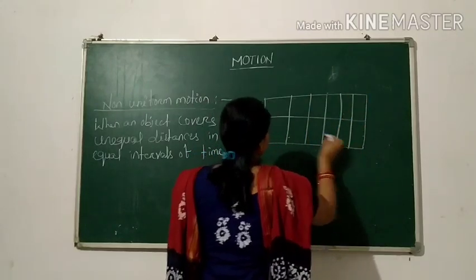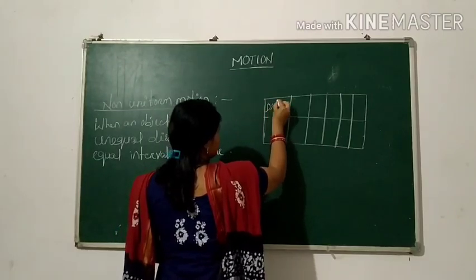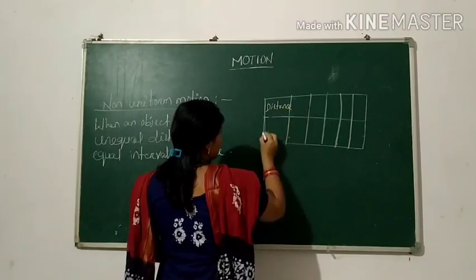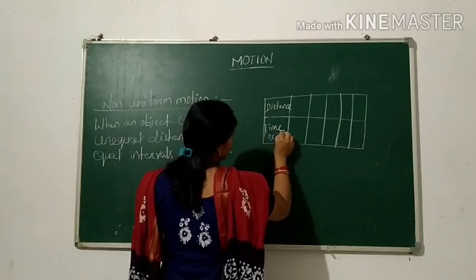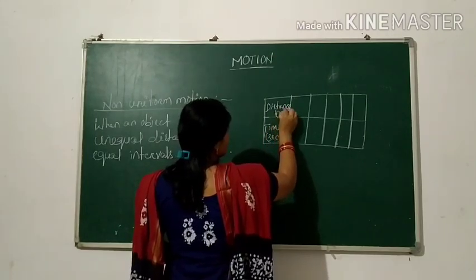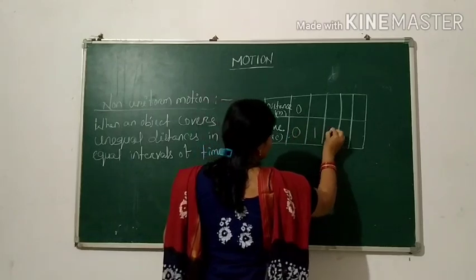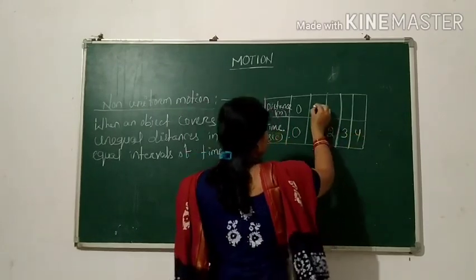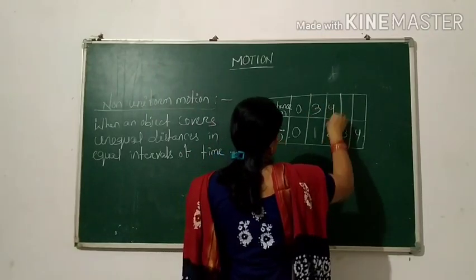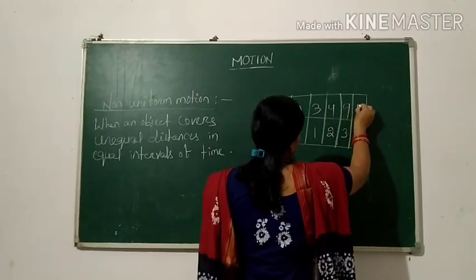This is your distance, time. Zero, zero, 1, 2, 3, 4. Suppose this is your 3, this is your 4, this is your 9, this is your 14.